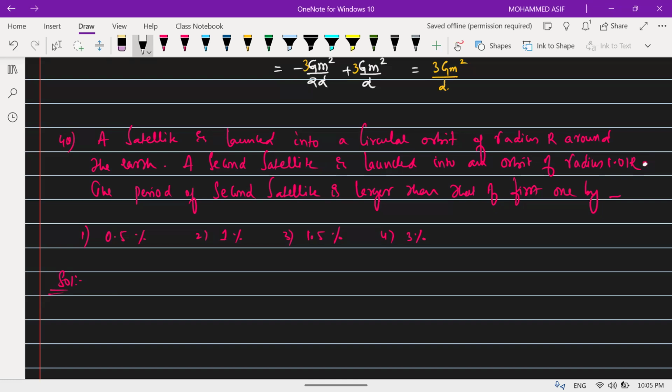The period of the second satellite is larger than that of the first one by, or how much? ये प्लस थोड़ा लगा सकते हैं. A satellite is launched into an orbit of radius r.